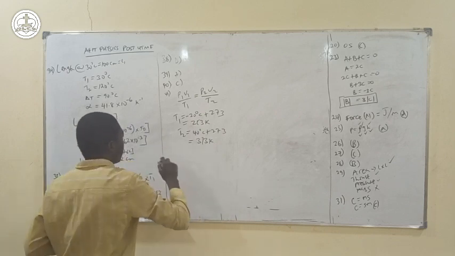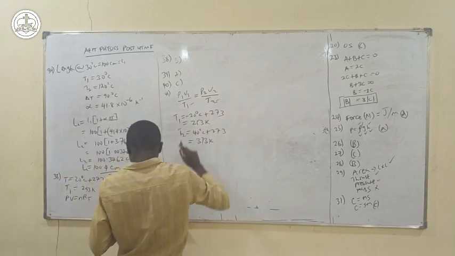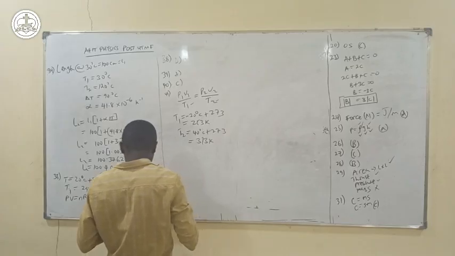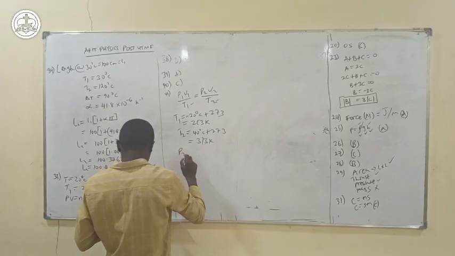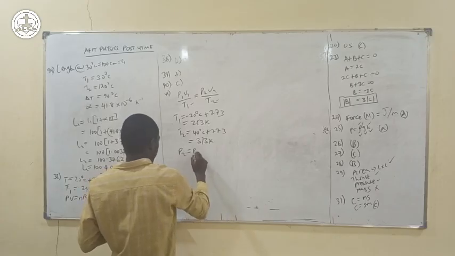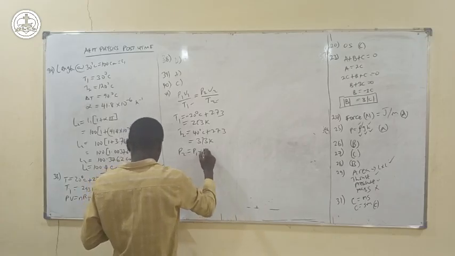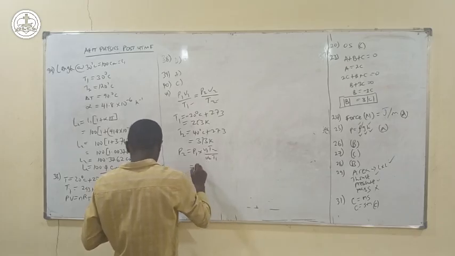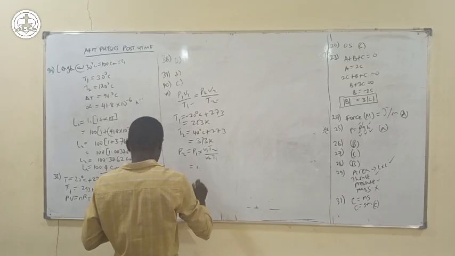Then we have gotten our T1 and T2, so P2 is equal to P1 times V1 T2 over V2 T1, which is equal to 1.